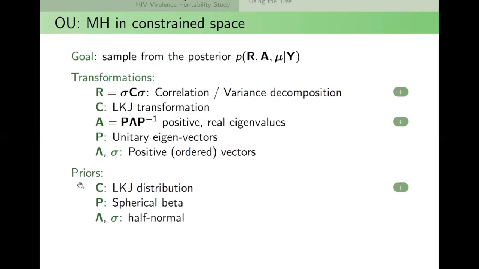So for the Gibbs sampler, you do not have the choice for the prior. You have to take an inverse Wishart. Here you are much more flexible because you can have a prior for the scale matrix, so the variance matrix, and an independent prior for the intrinsic correlation matrix.